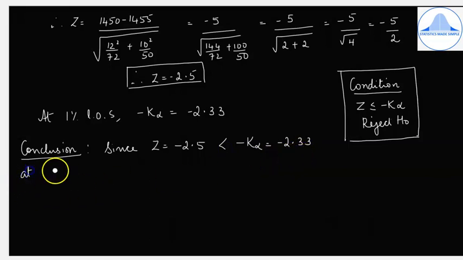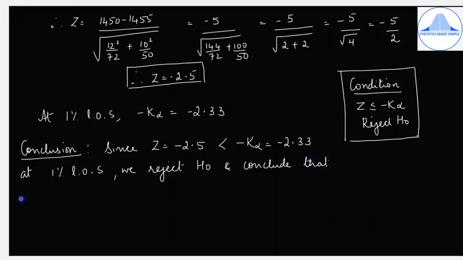So at 1% level of significance, we reject H0. So when you're rejecting H0, you should write what is there under H1 and conclude that mu1 is less than mu2.